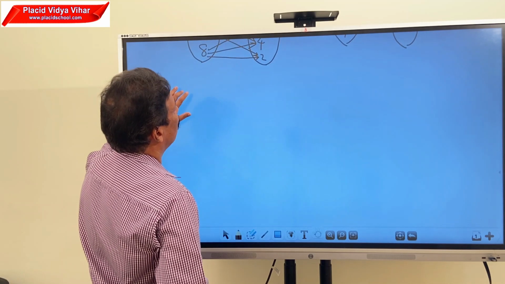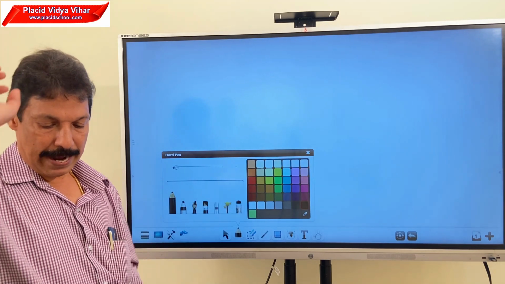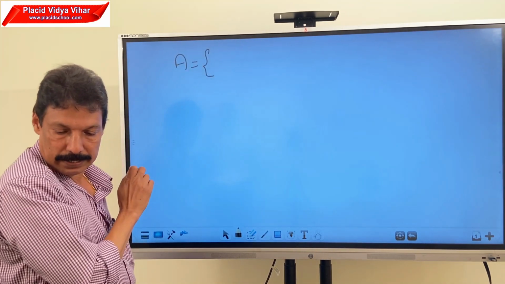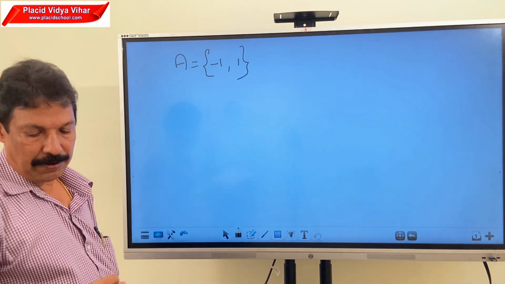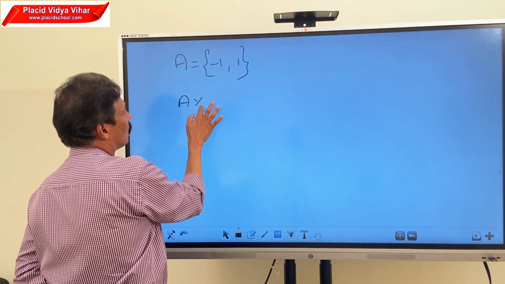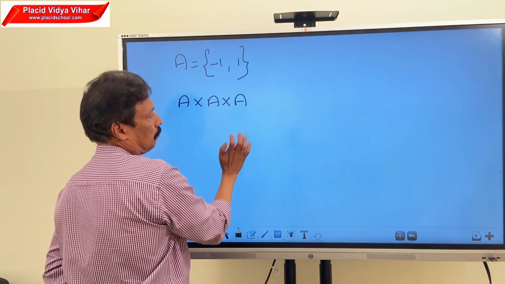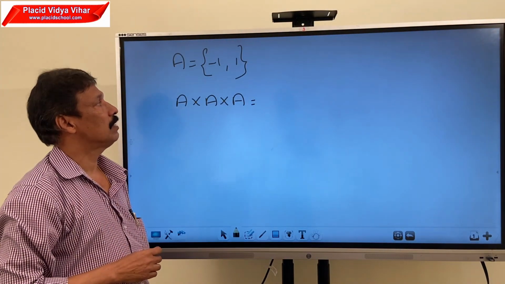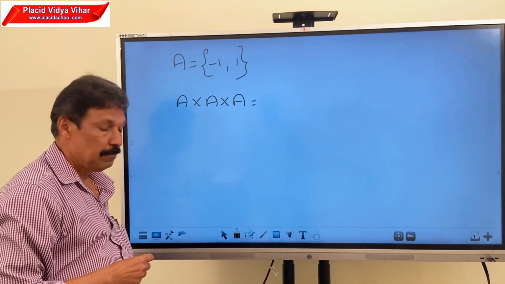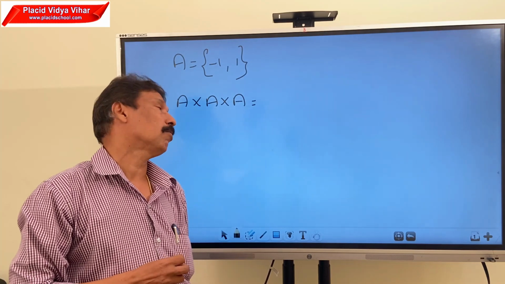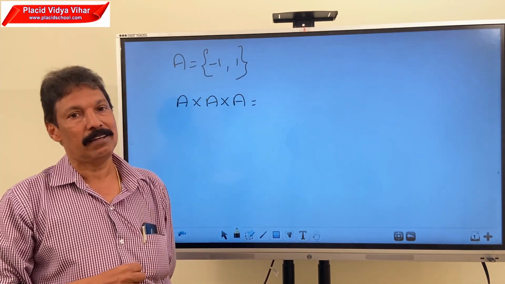Again, another question: if A equals the set {-1, 1}, then we have to find A cross A. There are two methods for finding A cross A. One is that we can find it directly.